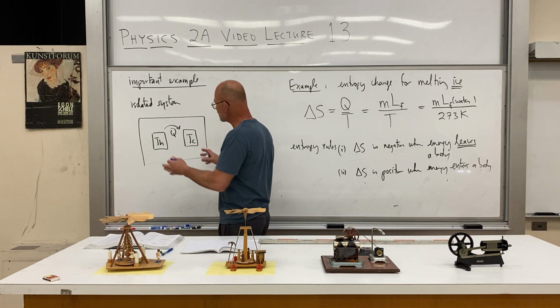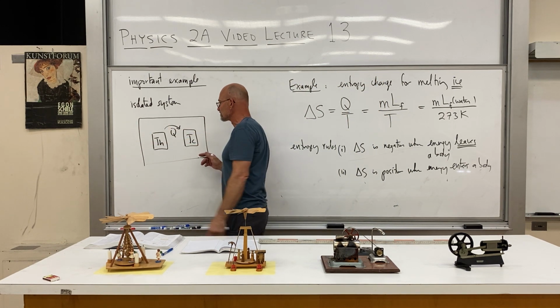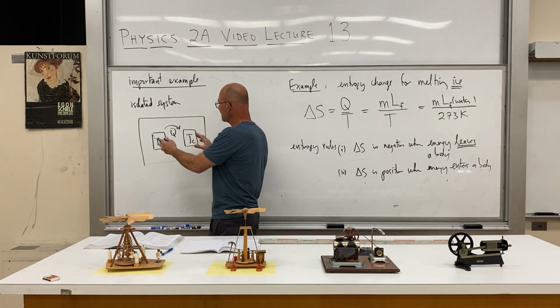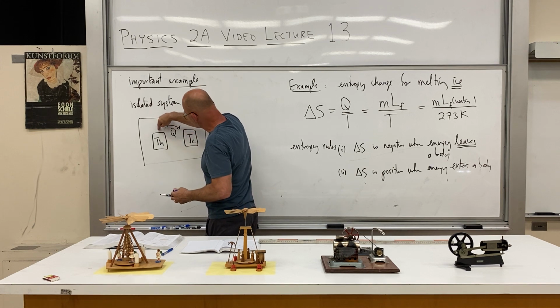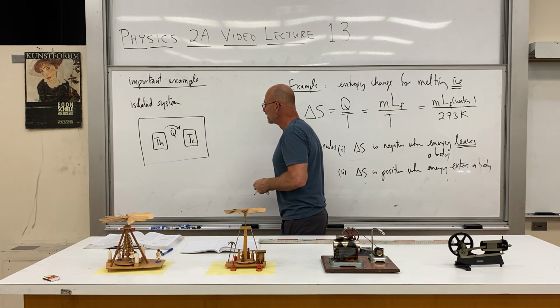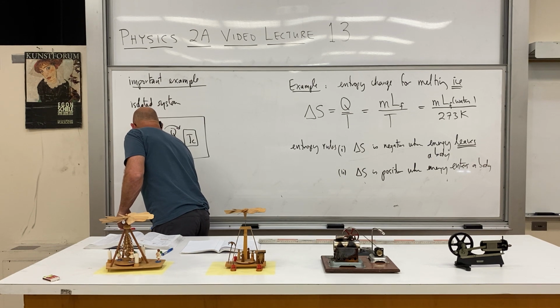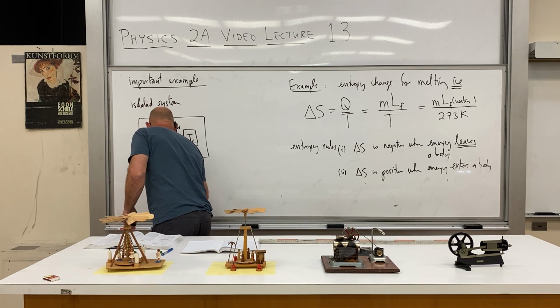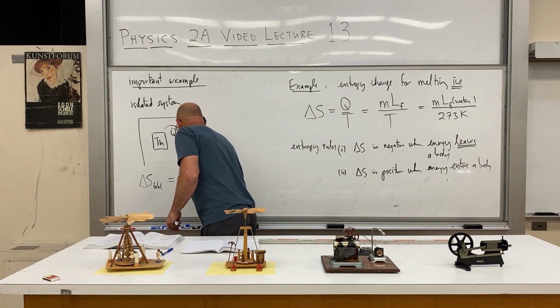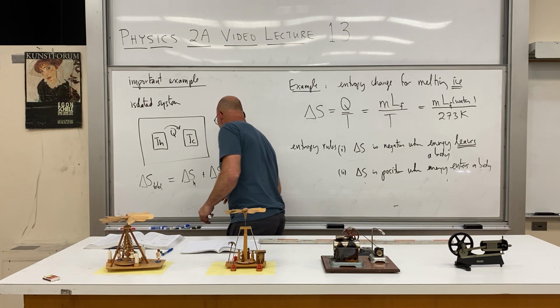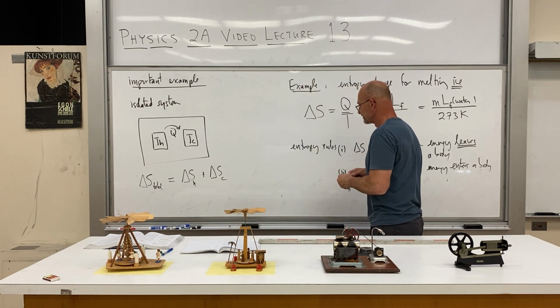Eventually, of course, they'll equalize in temperature, but just ask what's happening immediately. Immediately, these two are in contact and energy is flowing from the hot to the cold. So the delta S total of this process is delta S of the H side plus delta S of the C, the colder side.